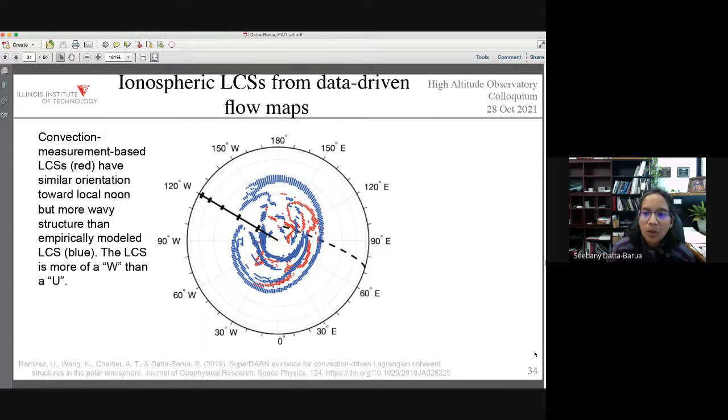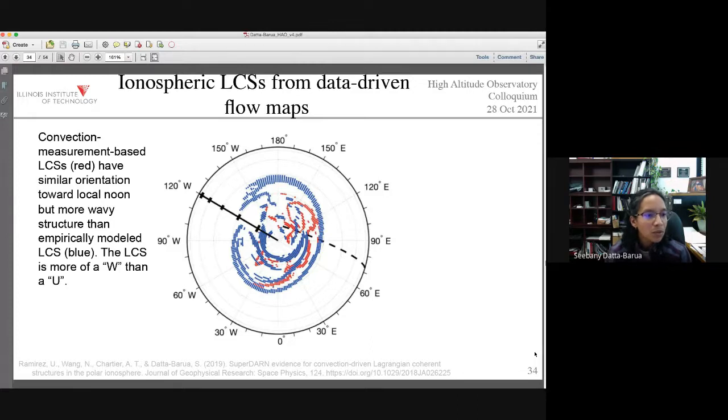So that was all with empirical models of the electric field and the magnetic field. And again, we need those models because in order to do this calculation, you need velocity fields at multiple time intervals.